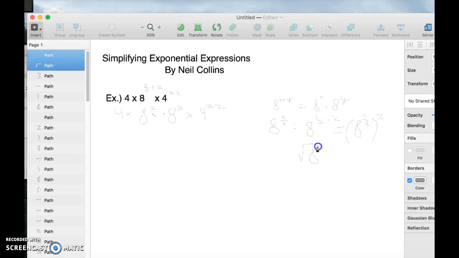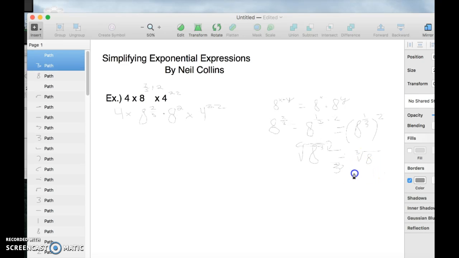So remember, this term gets dropped right here, leaving us with the third root of 8.